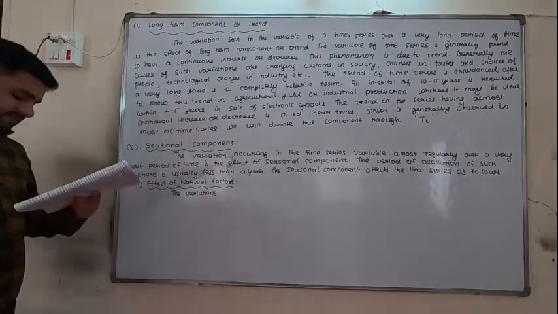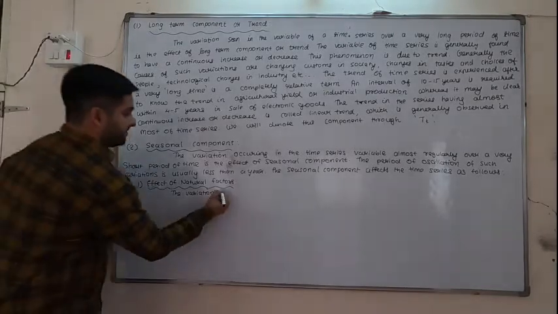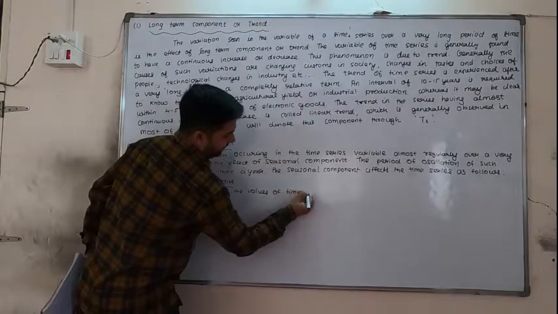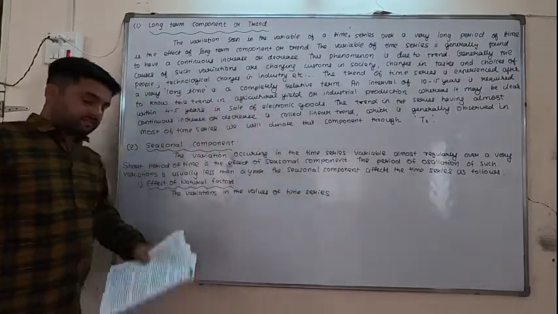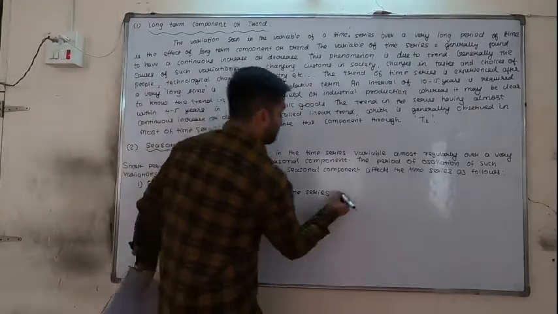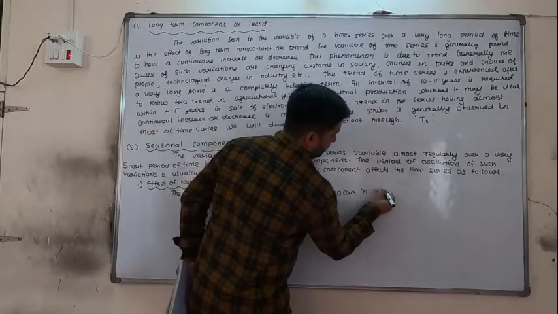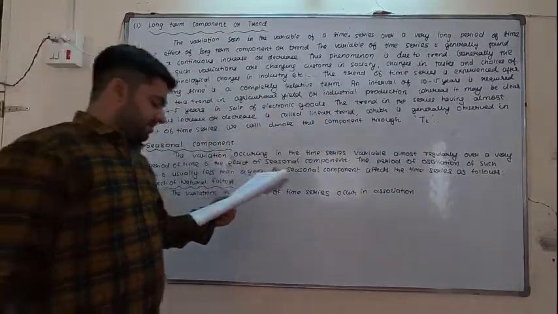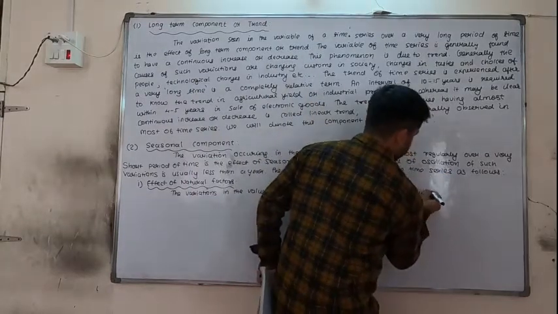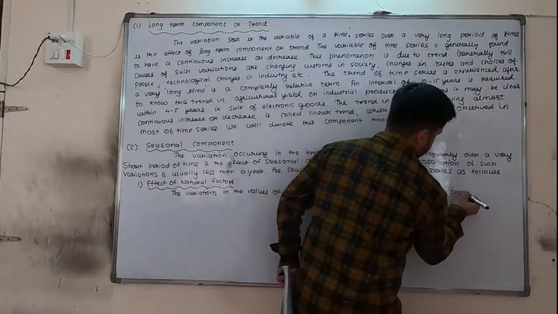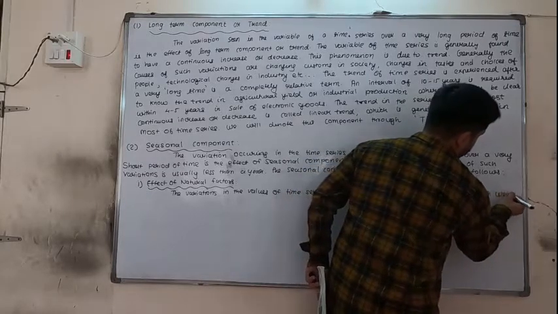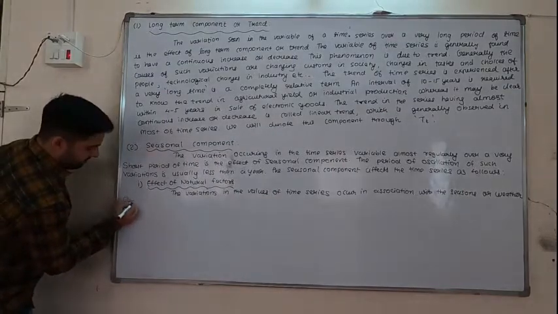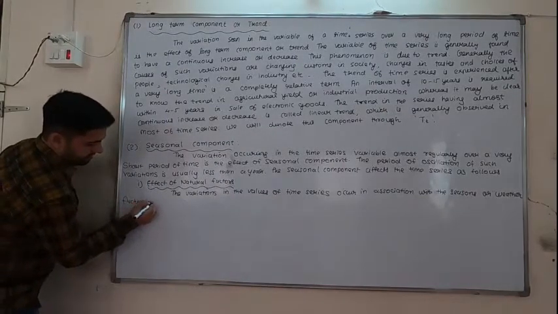The variations in the values of the time series occur in association with the seasons or weather fluctuations.